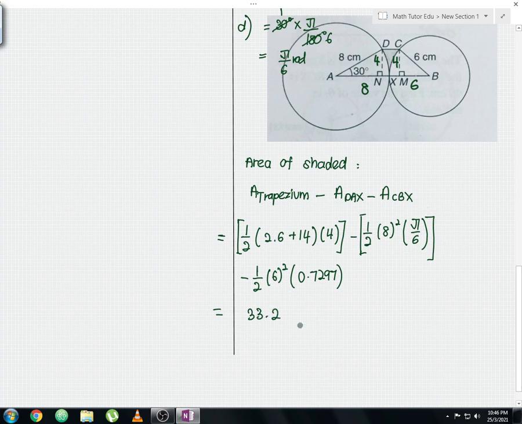Then proceed to find the area of the sector of the circle, DAX: half times 8 squared times pi over 6 radian. You get 16.755 centimeter squared. And then the second sector, half times 6 squared times 0.7297. You calculate this, you should get 13.1346.